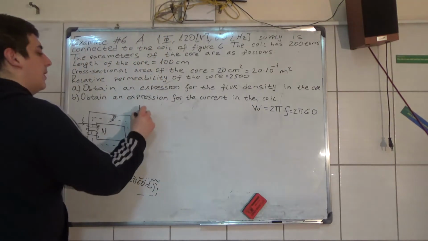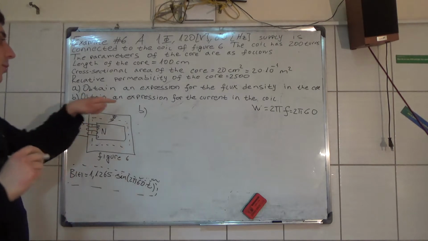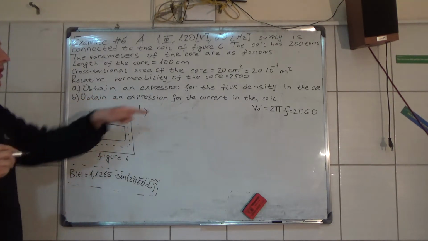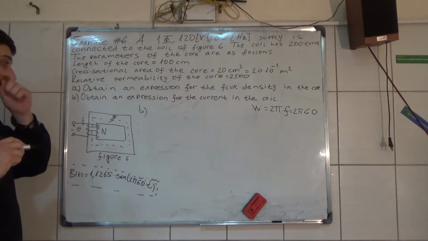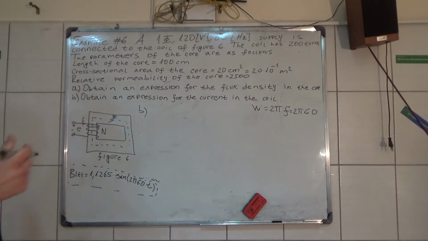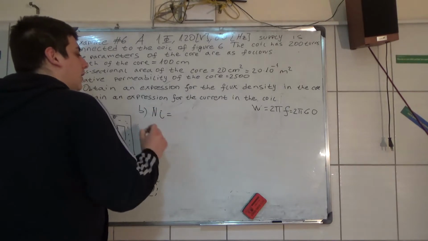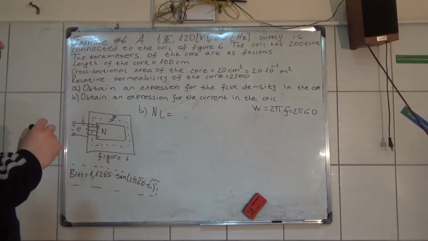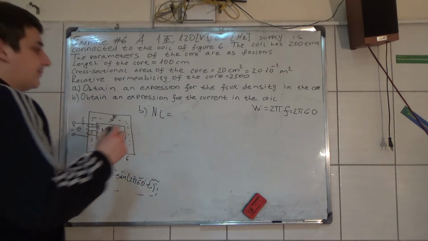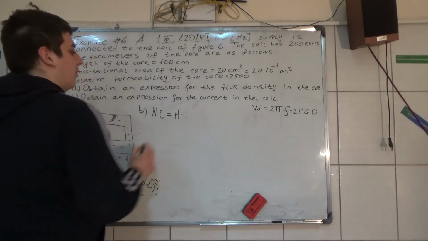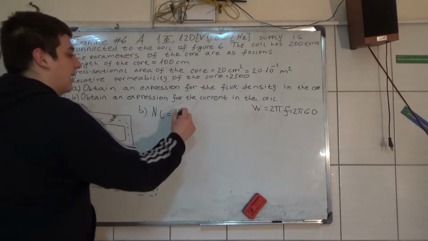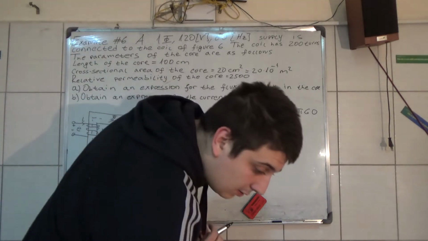Now for B, we have to obtain an expression for the current in the coil. Now, for the MMF, you know that it is equal to H, the magnetic field intensity, times the mean length of the coil.